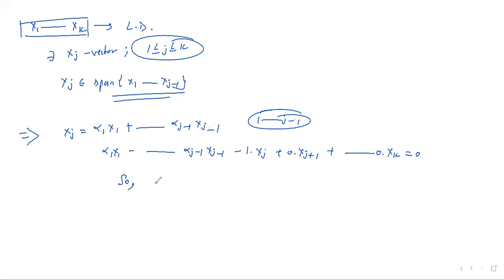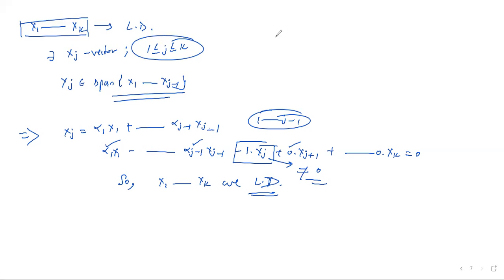So from this we get that x1 to xk are linearly dependent. As we said earlier, if all the other alphas are 0, there is still one vector xj whose coefficient is minus 1, not equal to 0. Because of this, the whole set x1 to xk is linearly dependent.